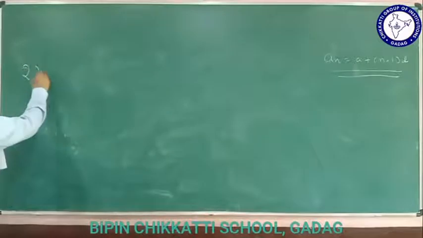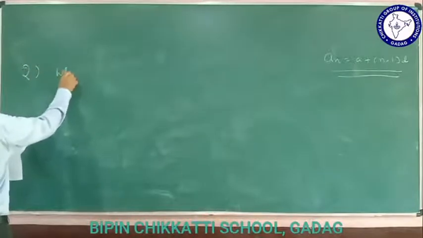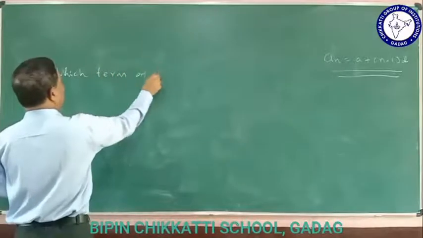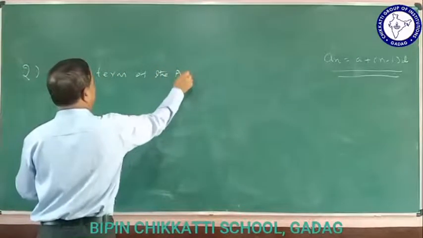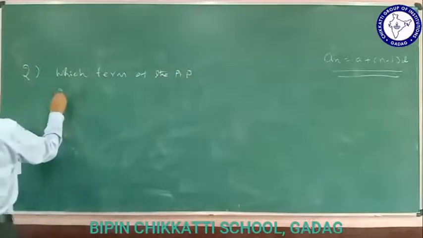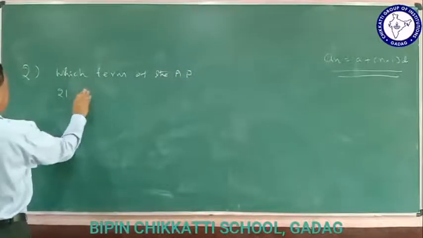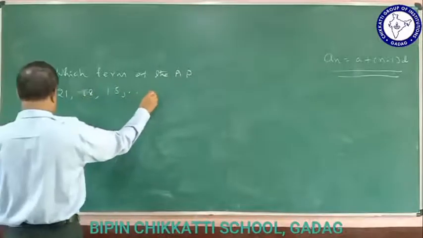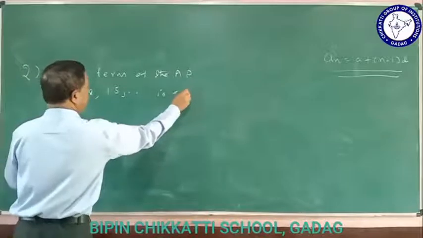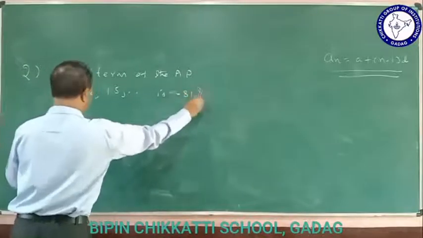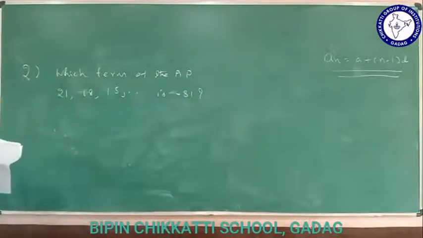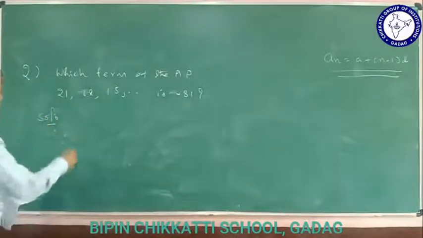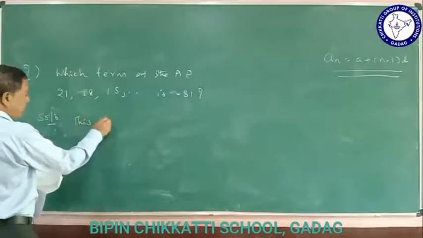See the second problem. Look at this very carefully: which term of the AP, understood it is an AP given, 21, 18, 15, and so on, is minus 81? The question is minus 81. Here you have to say this is an AP, don't check this.